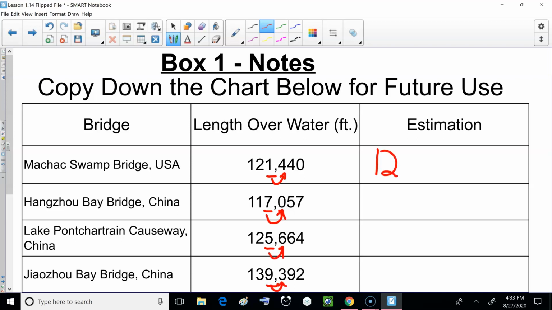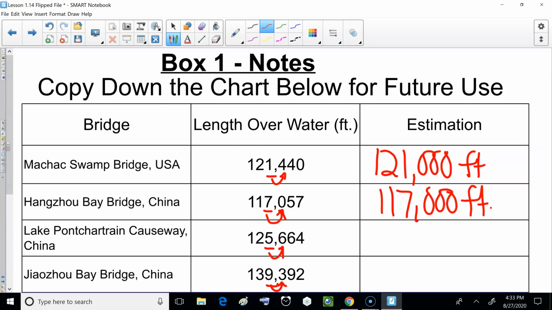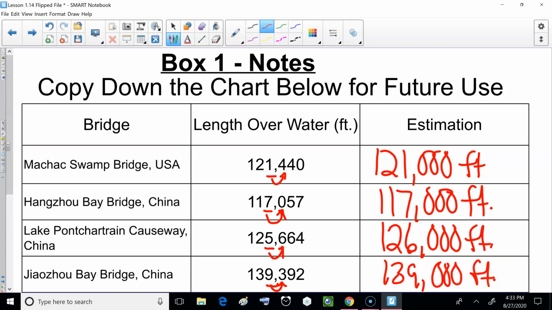This would be 121,000 feet, 117,000 feet, 126,000 feet, and 139,000 feet. By looking at these, they're all different numbers, which shows us that's probably our best estimation of the group: the nearest 1,000. So right now I'm going to pause and copy this chart down so you can use it for reference later in the problem.